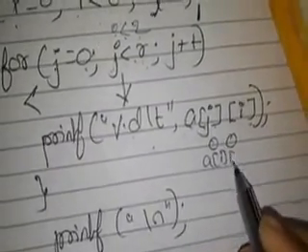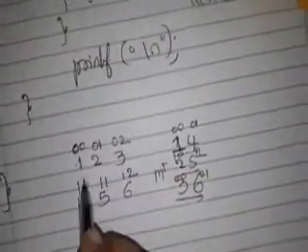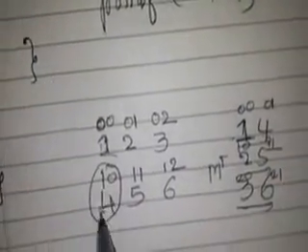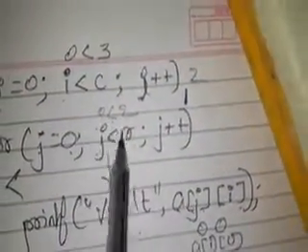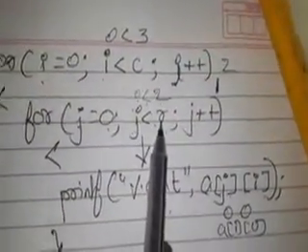Try to understand. See how successfully I am fetching this element. Already I have fetched 1 and this should be fetched at this particular position. See, successfully I fetched 4. Next again j plus plus, it will become 2. 2 less than 2, true or false? It is false. As it is false, it will come for i plus plus.